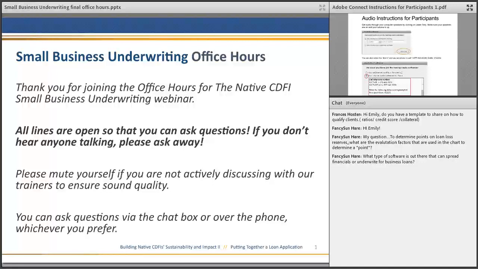That is maybe not as slick or as easy to use as some commercial software, but it is really cheap, especially if you want to use a free alternative like Google Sheets instead of Microsoft Excel. If anyone here uses a type of software to spread their financials or do underwriting, I'd be happy to hear your thoughts on that.